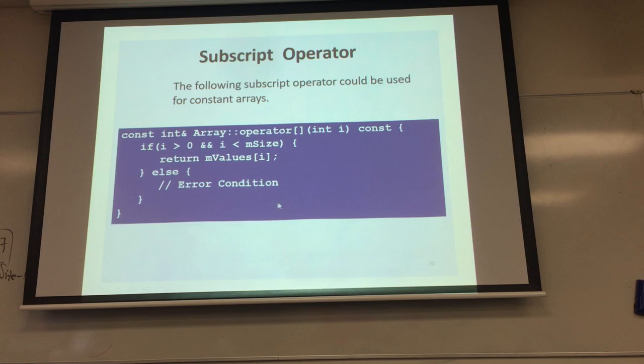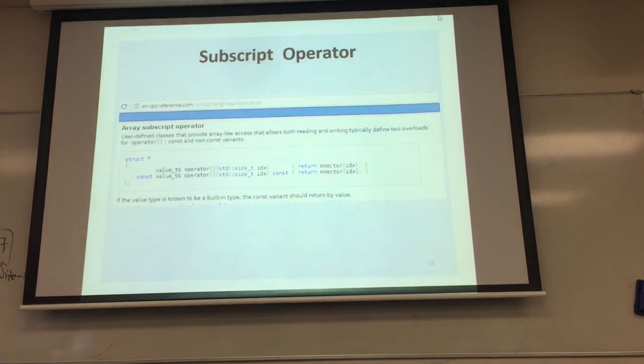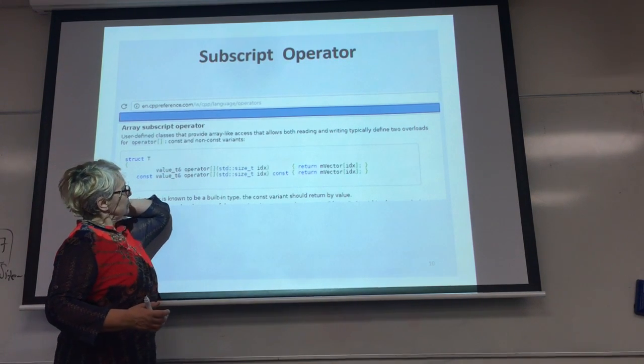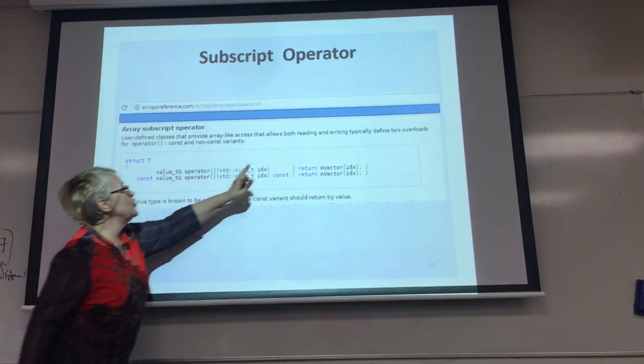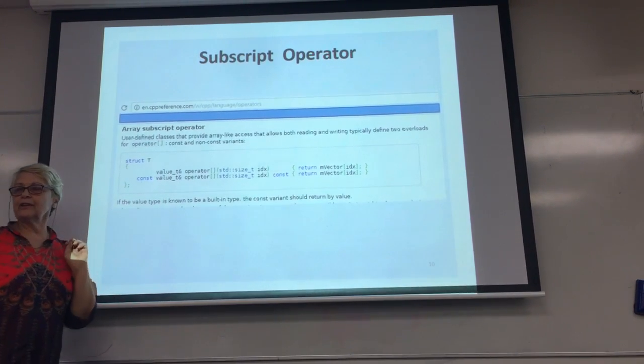Normally, we have exceptions triggered here. Otherwise, you just ignore this or assert. We will talk about assert a little bit. So as you can see from CPP reference, user-defined classes that provide index operators should have a constant index operator and a non-constant index operator.